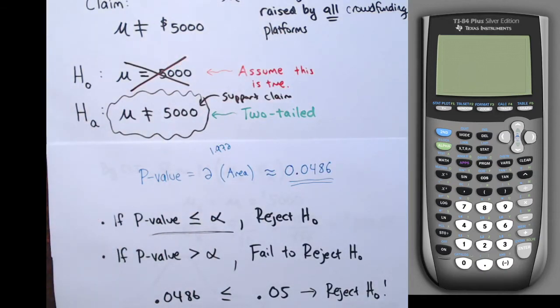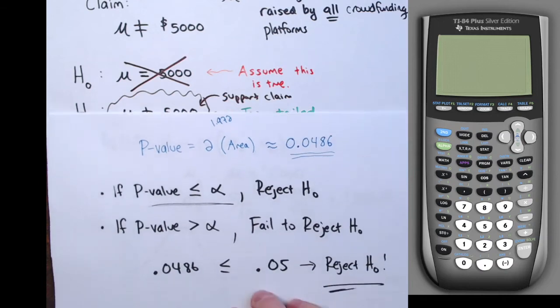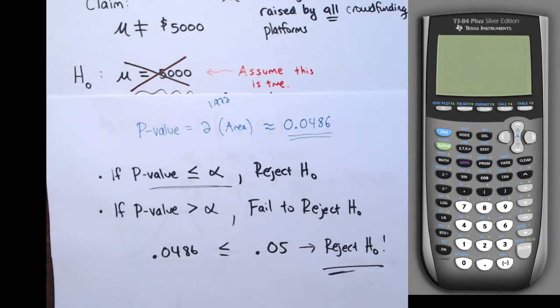We have enough evidence at the 5% significance level. At 1%, we wouldn't have rejected, right? This is bigger than 1%. If our significance level was 1%, then we'd be okay with the null here.